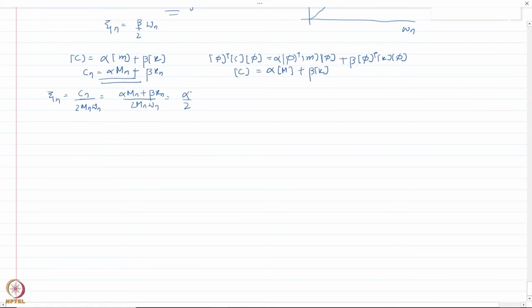Similarly, following the calculation that we have done previously, this is alpha times 1 by omega n plus beta by 2 times omega n here. So this is the expression.